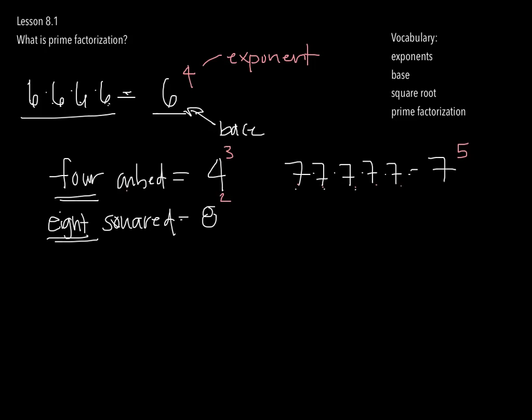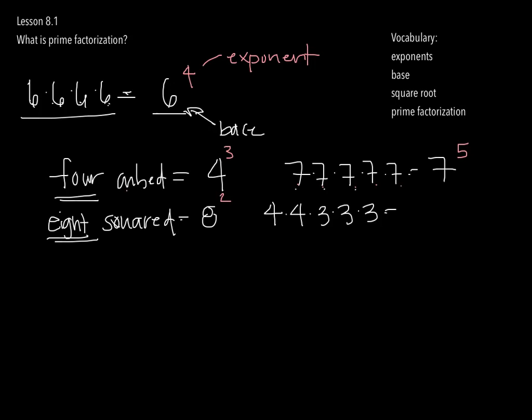Let's look at one more, and this one's going to be a little bit different. We have 4 times 4 times 3 times 3 times 3, and we want to write this in exponential form. Exponential form means that it has an exponent.